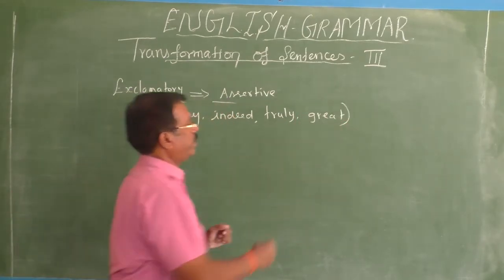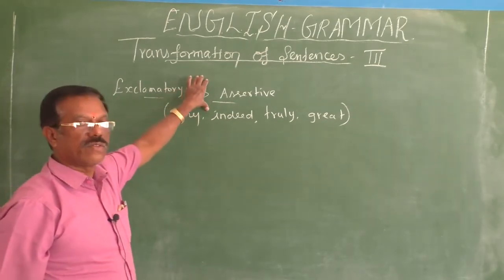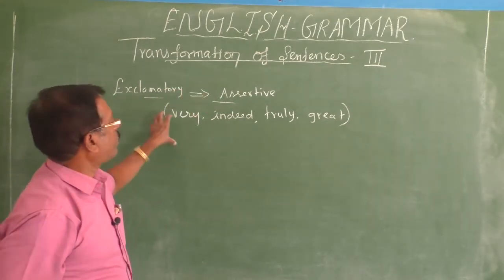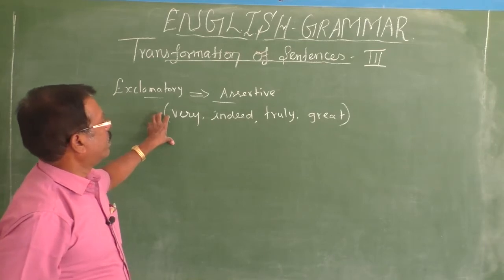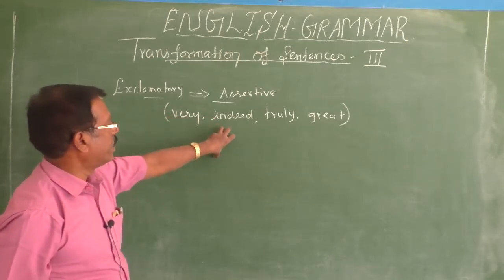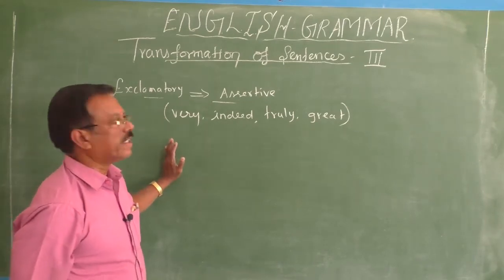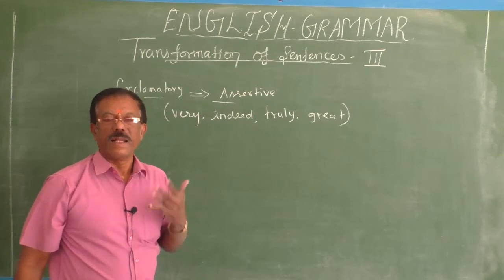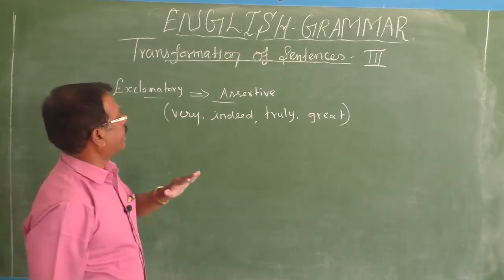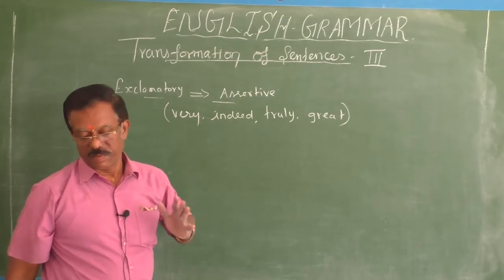So, when you change an exclamatory sentence into an assertive sentence, you have to add this type of words. You have to add these words: very, indeed, truly, great. These words in the assertive sentence help you to get a transformed assertive sentence without changing the meaning.